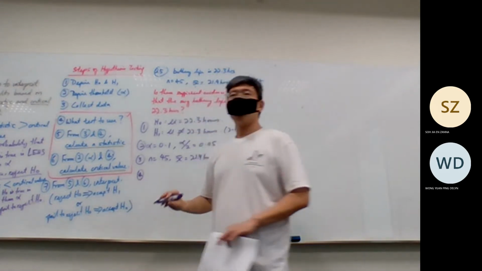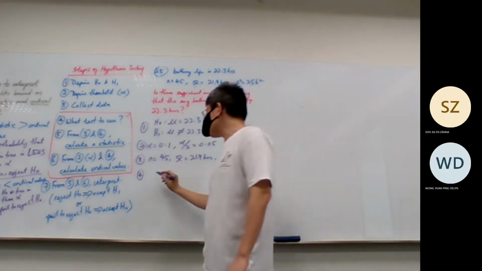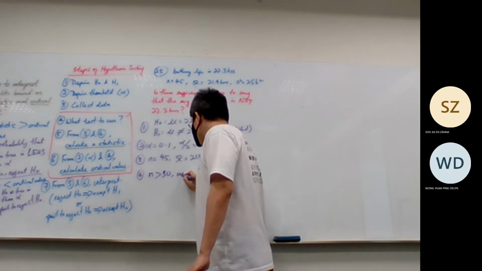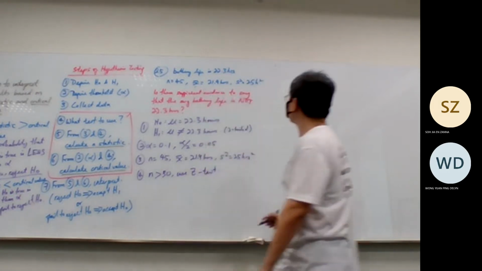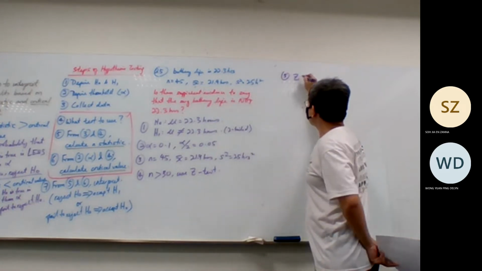Right. Why? Sample size is more than 30. So you use your Z test. Right. Step number 5. Compute your Z statistic.